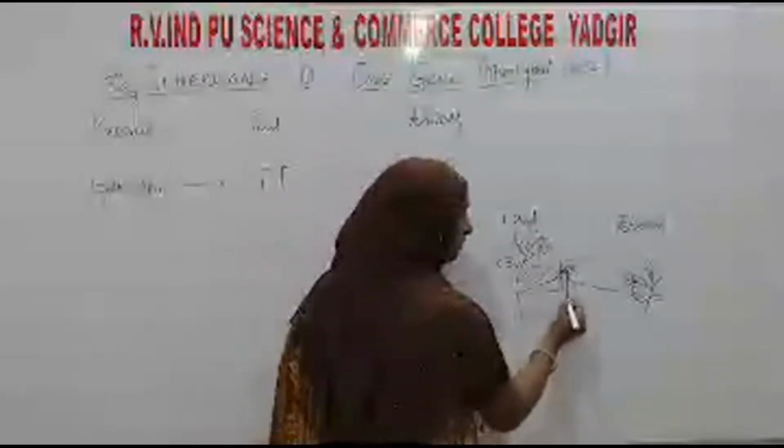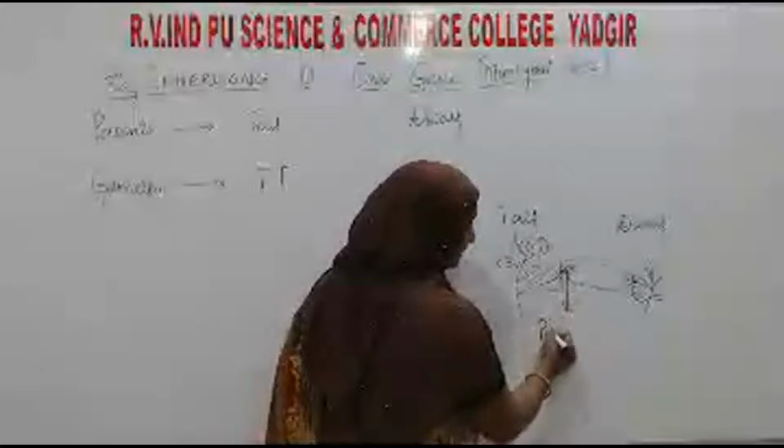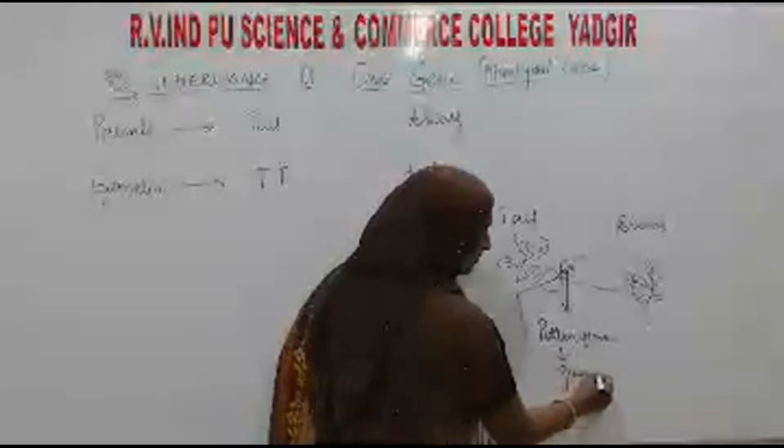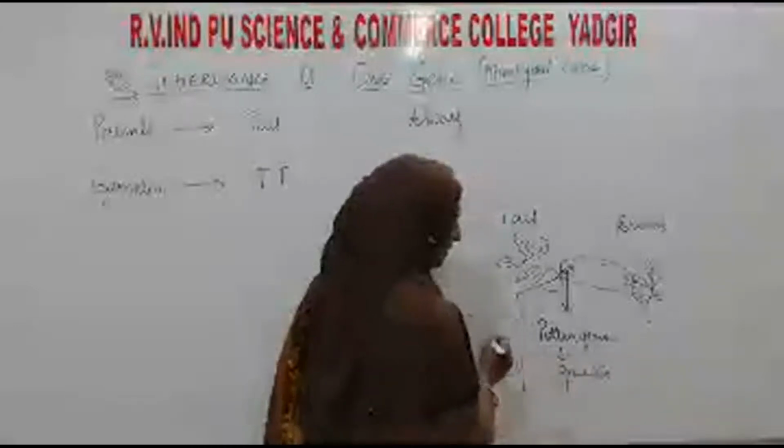So here, listen carefully. The tall plant is going to cross with the dwarf plant. And for the tall plant, what is the gamete of the male plant? It is pollen. Pollen grain means that it is the gamete. This is the pollen.